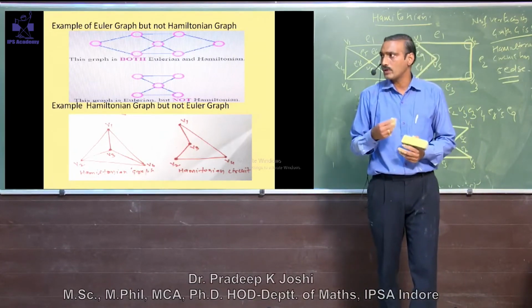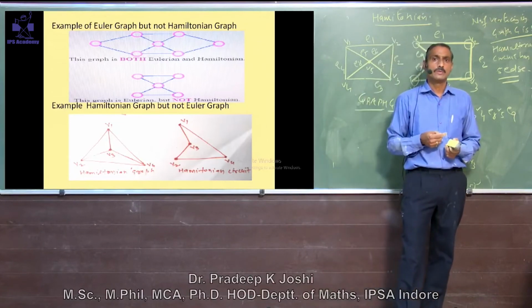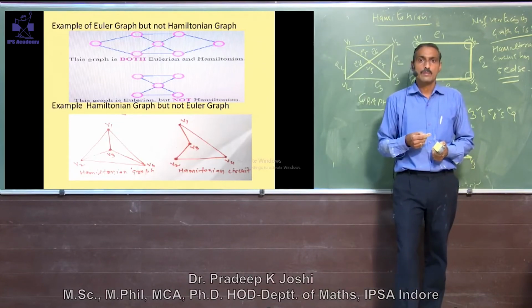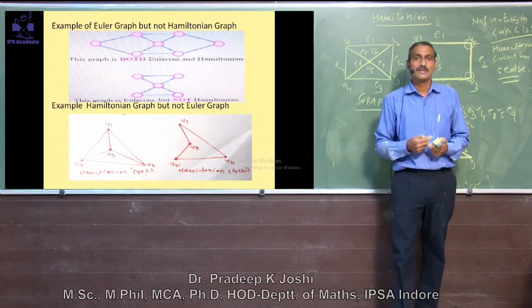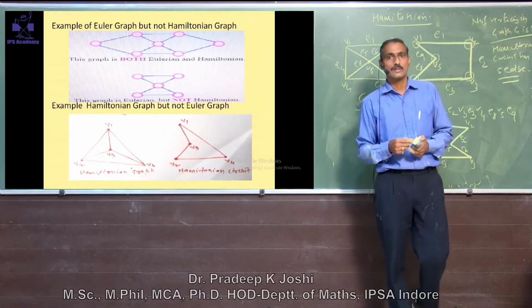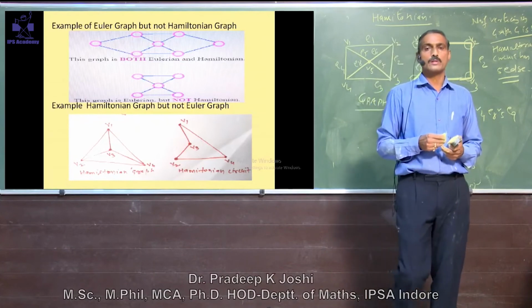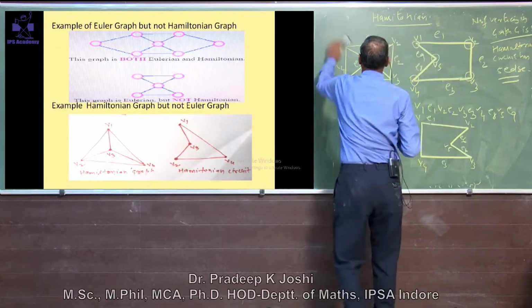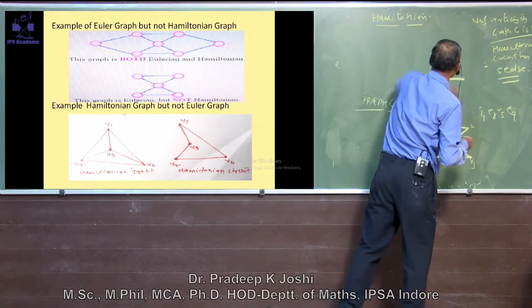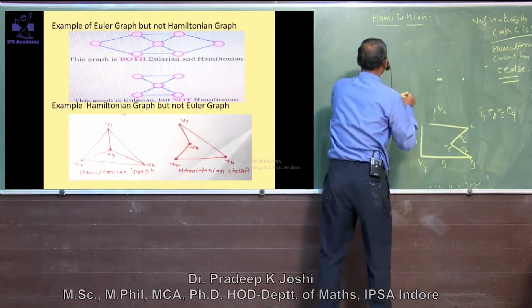Can you say why this is not a Hamiltonian graph? No, this example gives both an Euler graph and a Hamiltonian graph. Sorry, I am repeating again here.